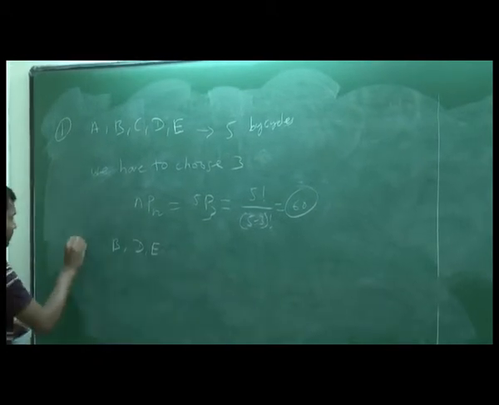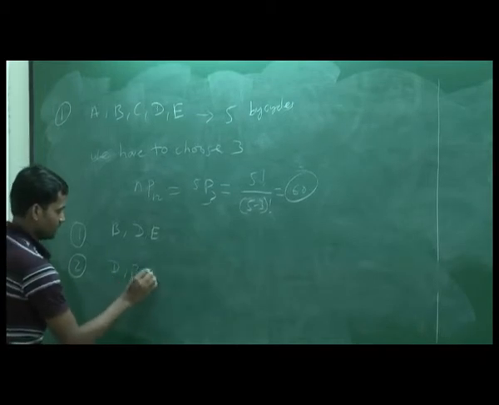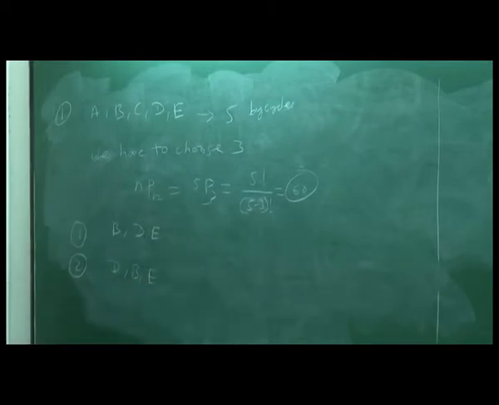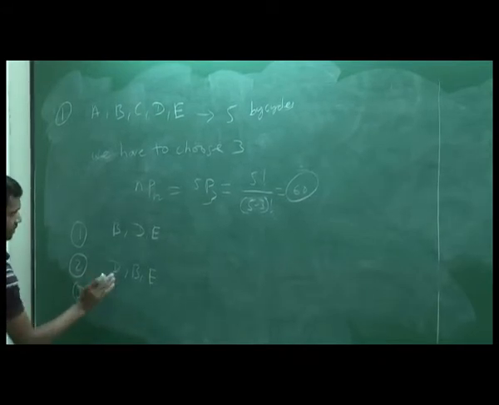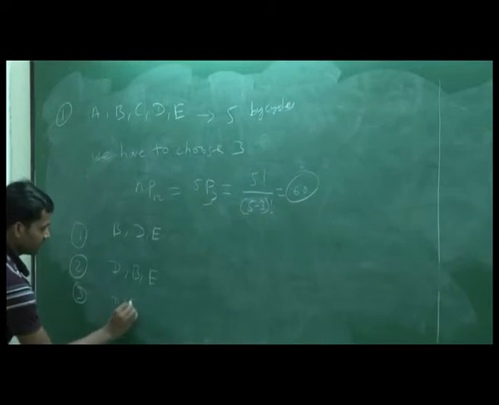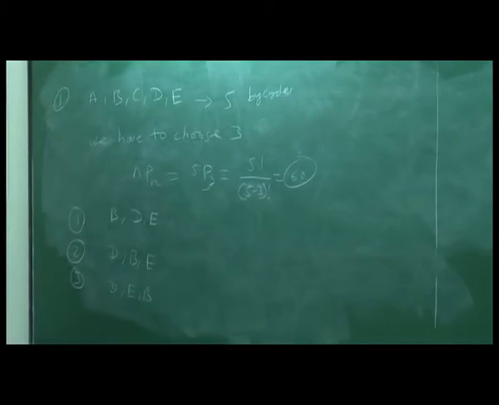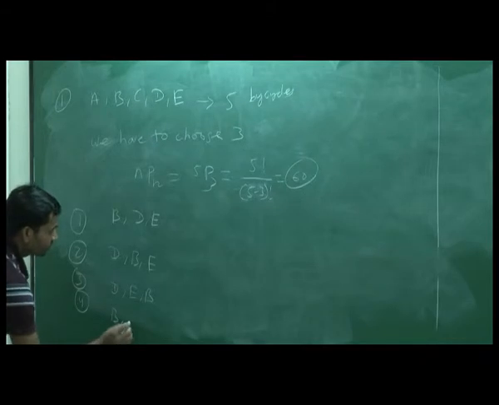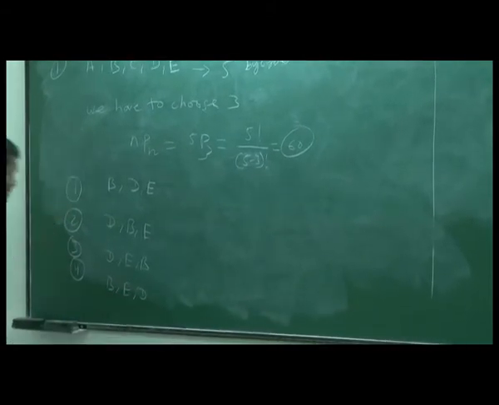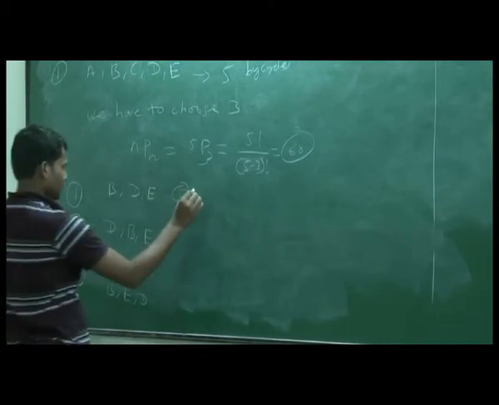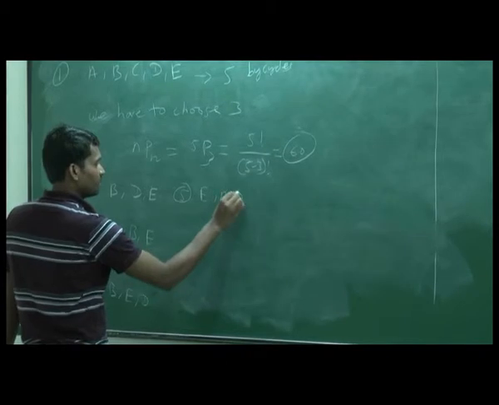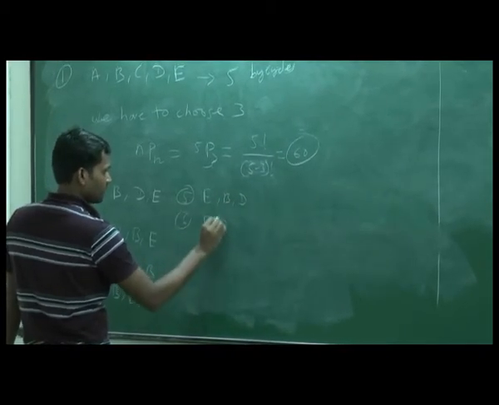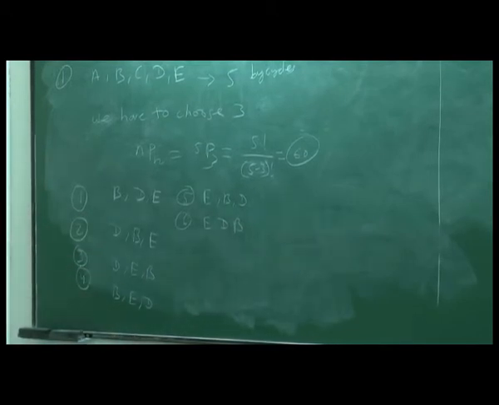First we choose B, then D, then E. But there may be another way: D, B, E, or also E, B, D. Are these different or all the same for us?